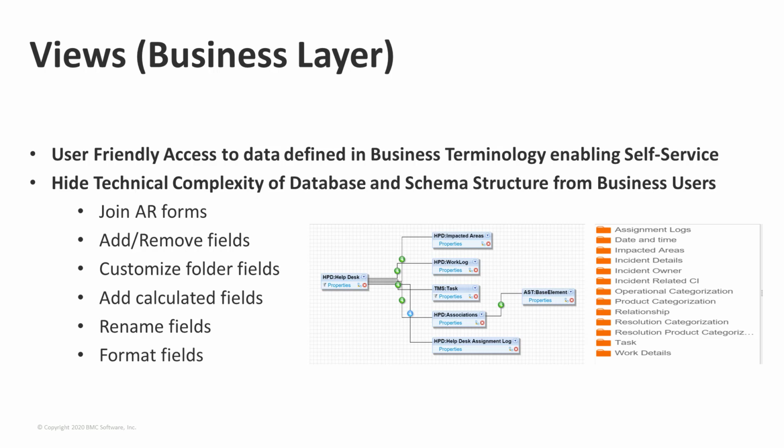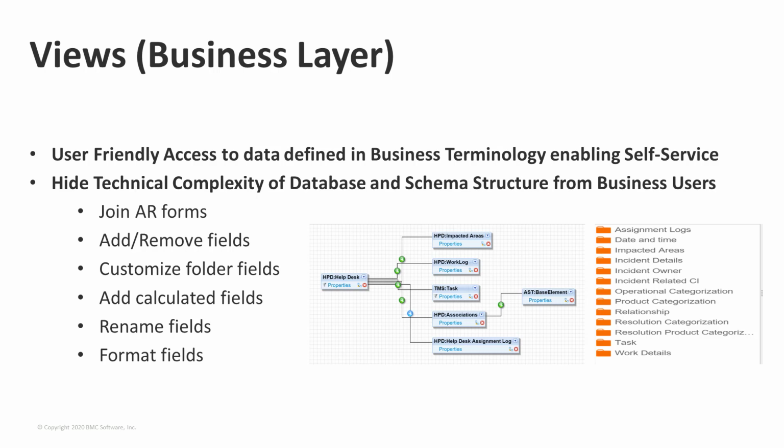So the very first step to build a view is to add the forms in the entity relationship diagram. Like I said, we are connecting to the AR server here and we don't see the direct database tables. So add the required tables to the view builder and join them as per the business logic or the data that you want to see in the report.